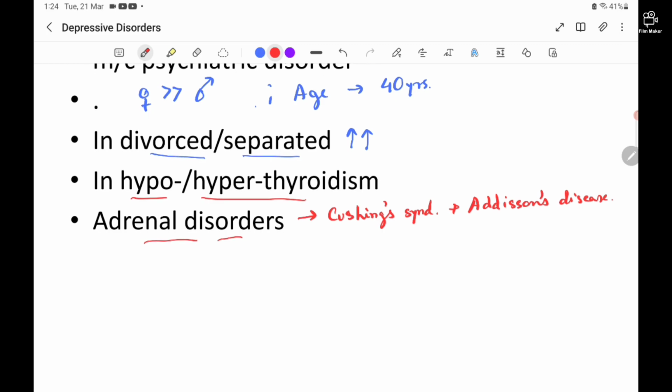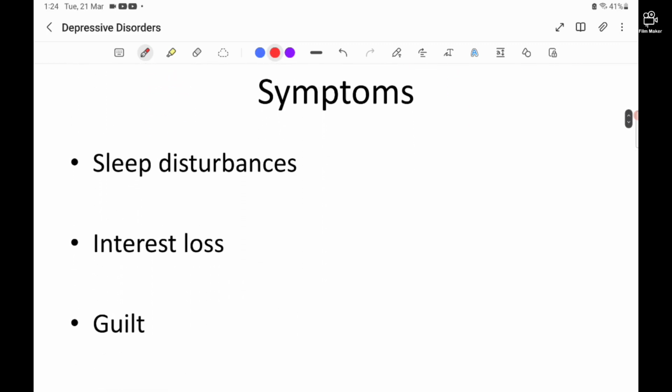Now let's get on to the symptoms of depression. What symptoms do we have? We can remember all the symptoms by a simple mnemonic called SIG E CAPS. S: sleep disturbances. There can be insomnia, or there can be hypersomnia.